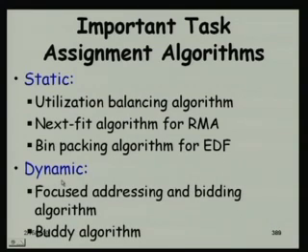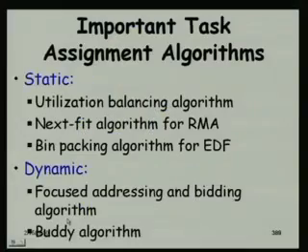And then we will look at two categories of dynamic solutions: the focused addressing and bidding algorithm and the buddy set algorithm. For task schedulers for distributed and multiprocessor systems, thousands of algorithms have been proposed, mostly based on heuristics.